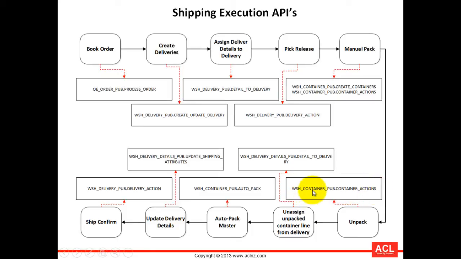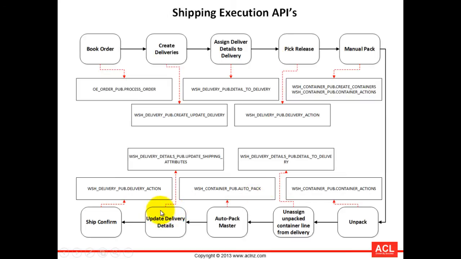For unassigning unpacked container lines from delivery, you can use the package procedure WSH delivery details pub dot detail to delivery. Then for auto packing the deliveries or delivery lines, you can use the WSH container pub dot auto pack package procedure.